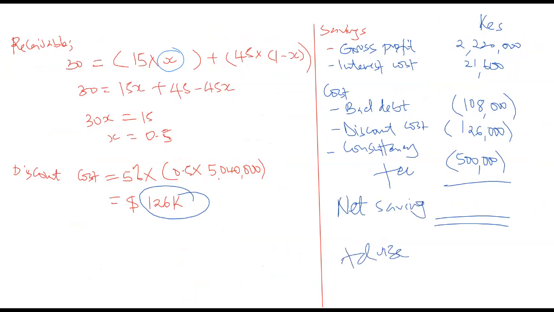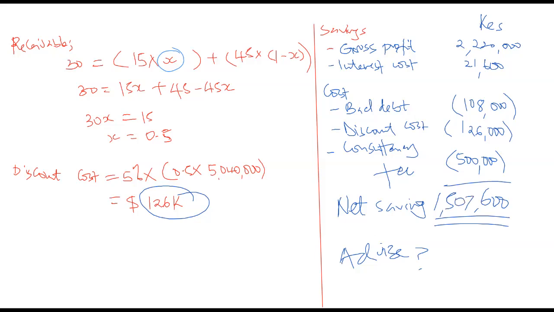Then you advise the company. The net saving is 1,507,600 shillings.